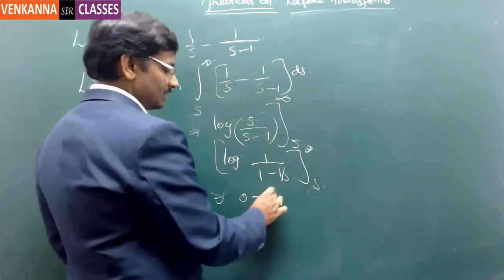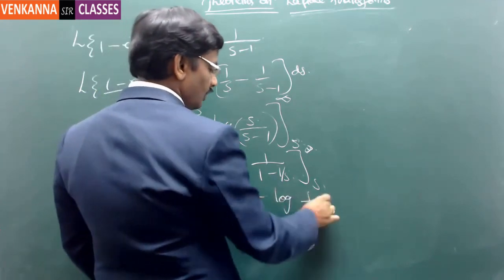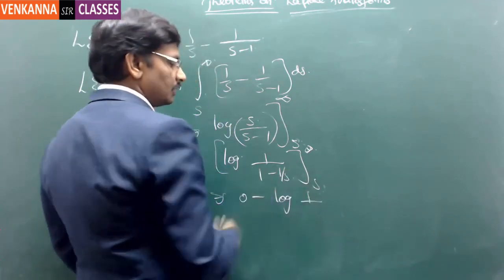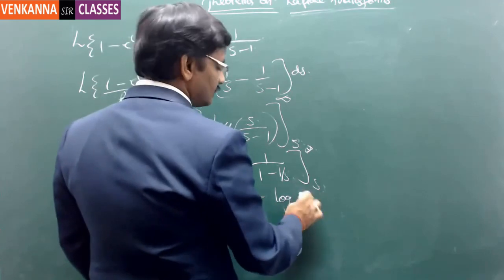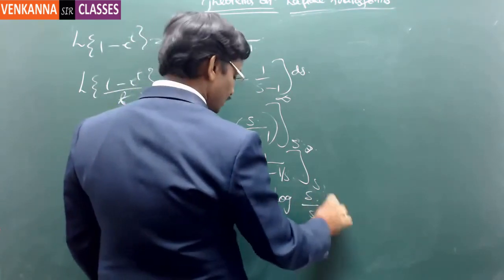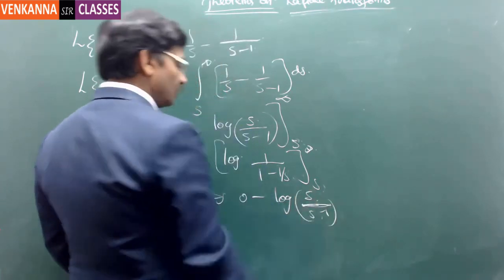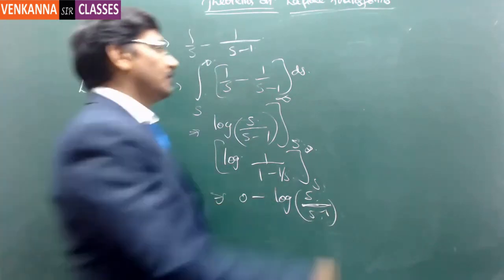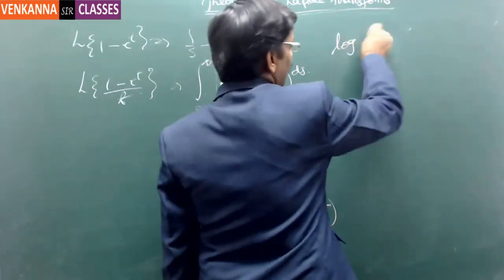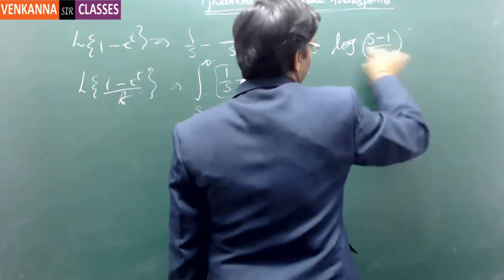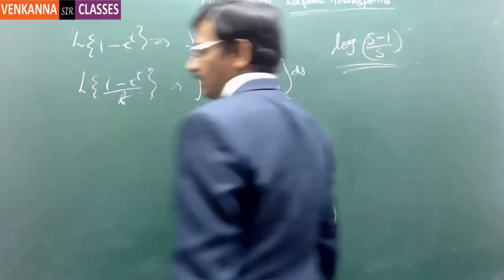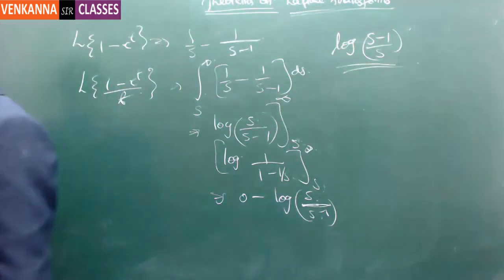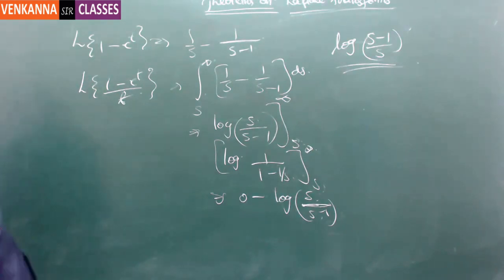So 0 minus the lower limit, which will be as it is, that is log of s by s minus 1. But this is minus of that, so this is log of s minus 1 by s. This is the Laplace transform after dividing with t. Understood? Or do you have any questions on this?